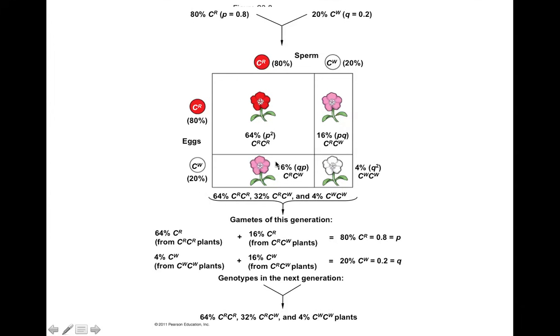Because just like in a Punnett square, we've got two squares that are CR-CW. There's one where the CW comes from the sperm and CR comes from the egg, and one where CW comes from the egg and CR comes from the sperm. So two squares that give us P times Q. That's why we have 2 times PQ. And we multiply out the frequencies. We get those frequencies adding up to 100%, or 1.